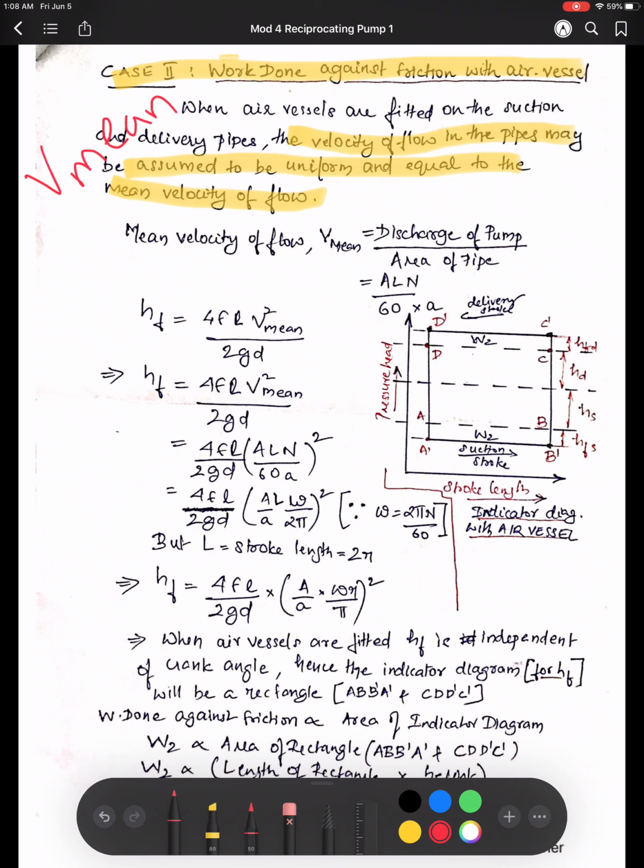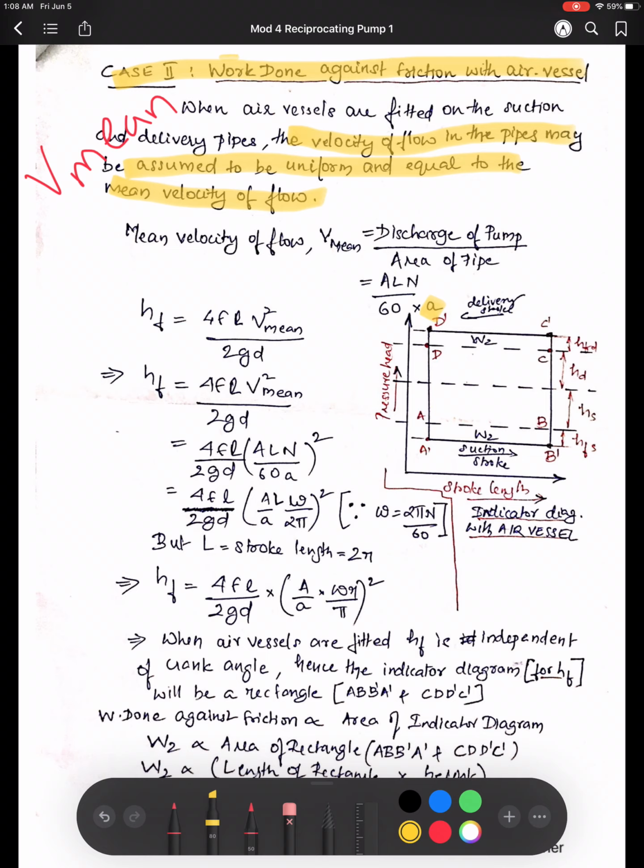Now mean velocity of flow is given by discharge of the pump divided by area of the pipe. You know what is discharge, right? That is LAN by 60 divided by small a. Clear?